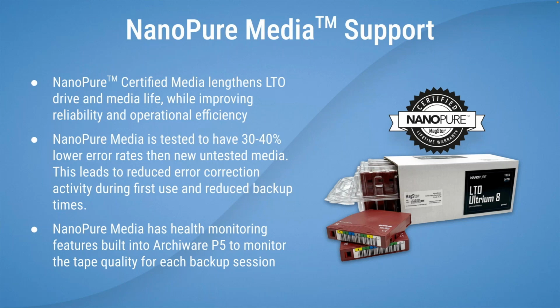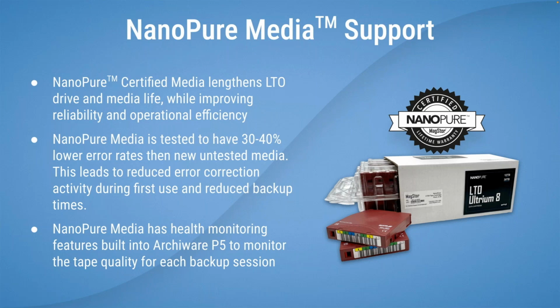We have a white paper that goes into great detail on this, so please contact me afterwards at pete@magstor.com if you'd like to delve deeper. But our NanoPure media has 30 to 40% lower error rates on first use as opposed to new untested media.